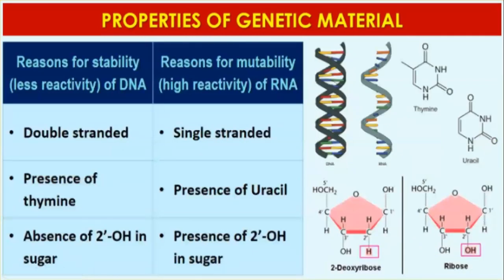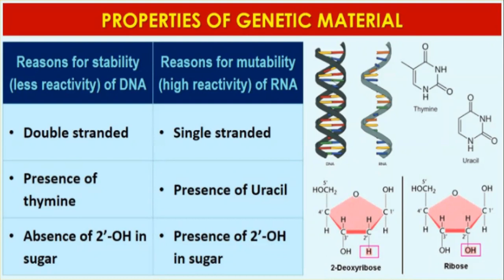So, reasons for stability: less reactivity of DNA and high reactivity of RNA. Yesterday itself we discussed which nucleic acid is more stable and less reactive, and which nucleic acid is highly reactive and less stable. Right? DNA is double stranded.